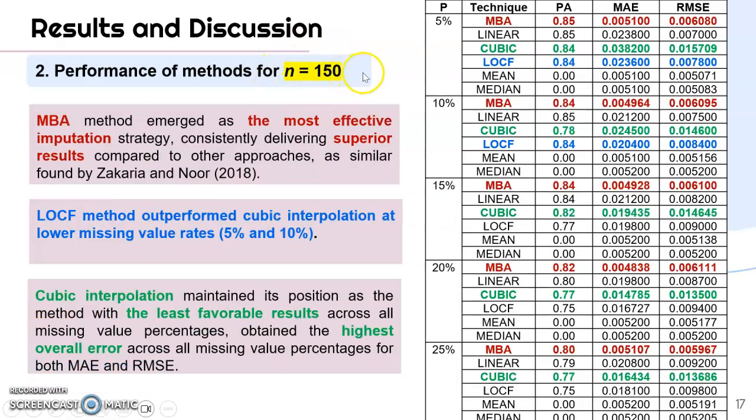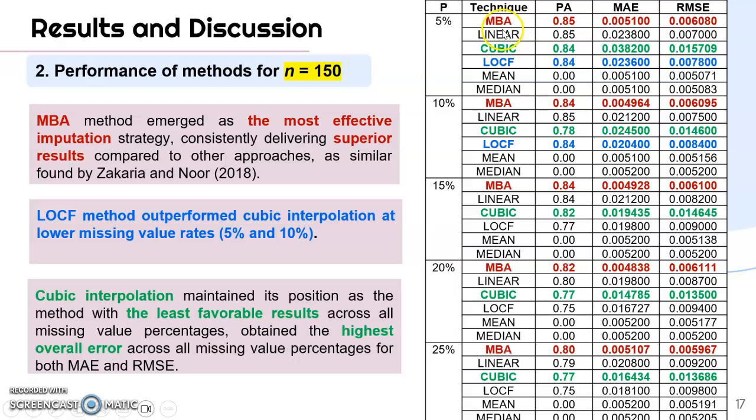And this is the result of performance for sample size 150, which is the medium sample size. Okay, the MBA method emerged as the most effective imputation method, consistently delivering superior results compared to other approaches, as similarly found by previous studies.